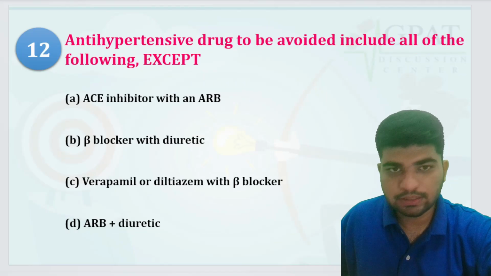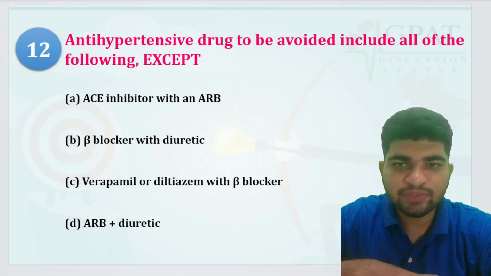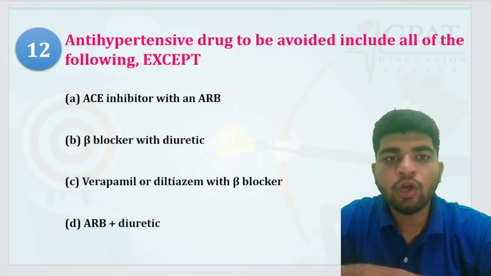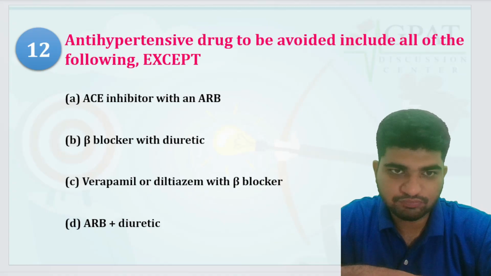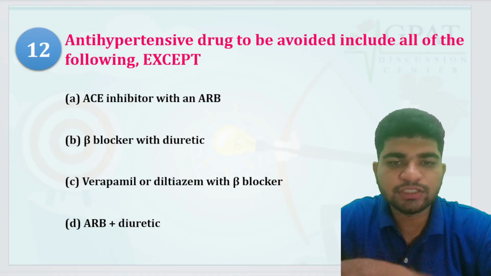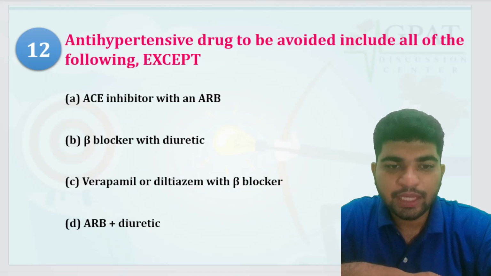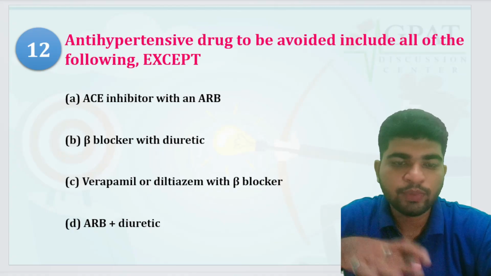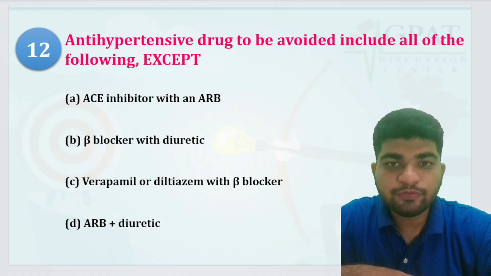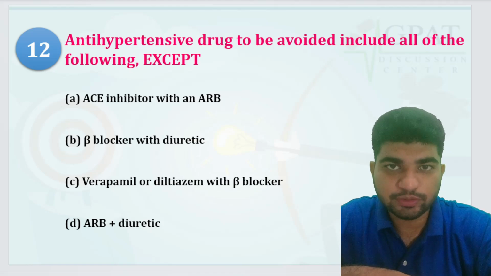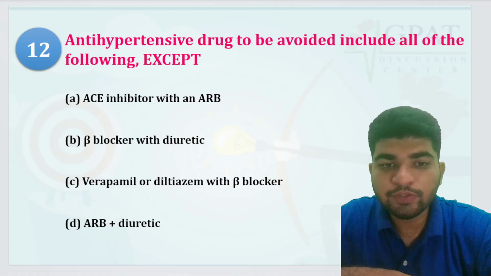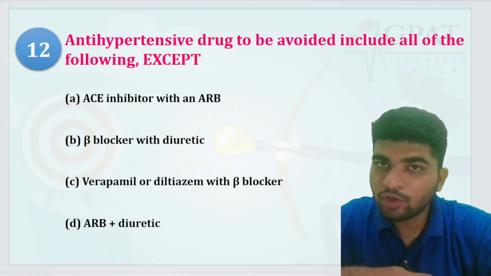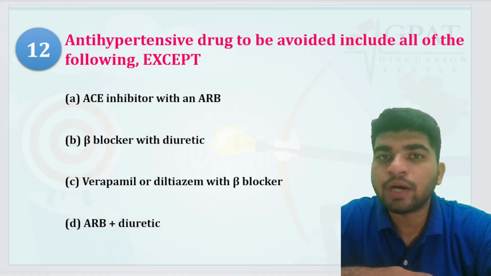Oh, nice. So, antihypertensive drugs to be avoided include all of the following except. Okay, so there are some combinations which are generally made. Out of four, three are wrong combinations, but one of the following is the right combination and generally used as a marketed product.